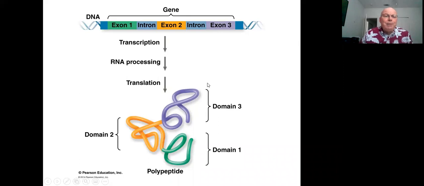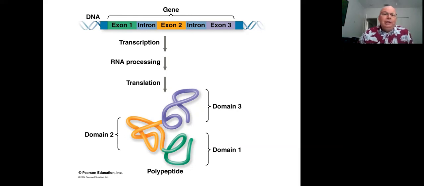And this is why I said back at the beginning, this idea of one gene, one polypeptide, we may have to rethink that a whole lot more because of what we now know about the role of exons and the splicing of exons together to create the messenger RNA and therefore to create polypeptides.